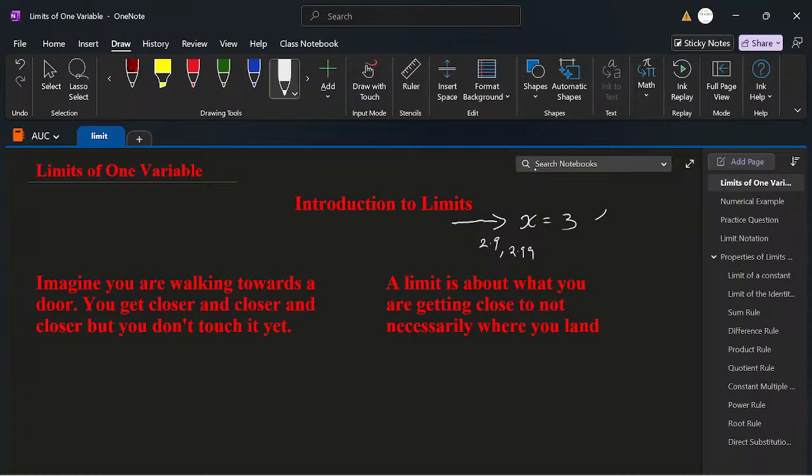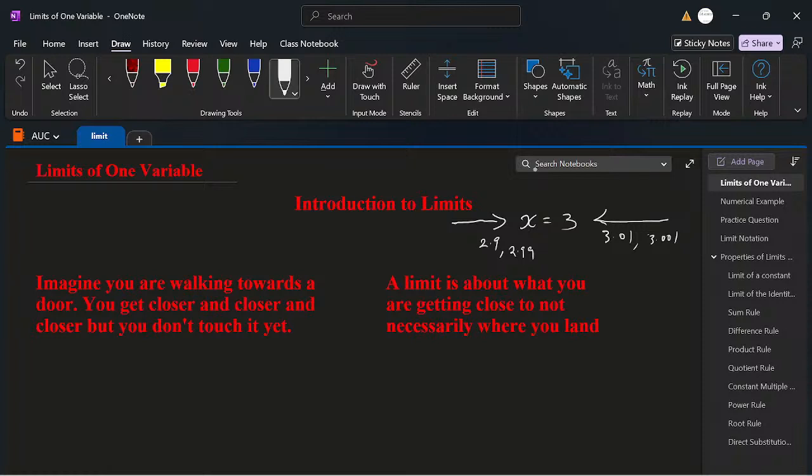You could also have some values from this side, so let's say 3.01, 3.001, and so on and so forth. So you are coming from the two sides. That is what I can really say about the illustration of a limit.